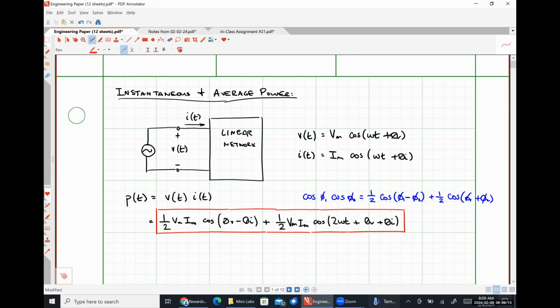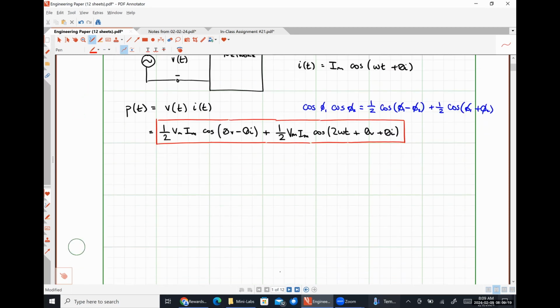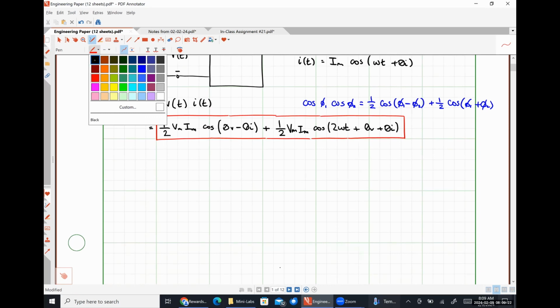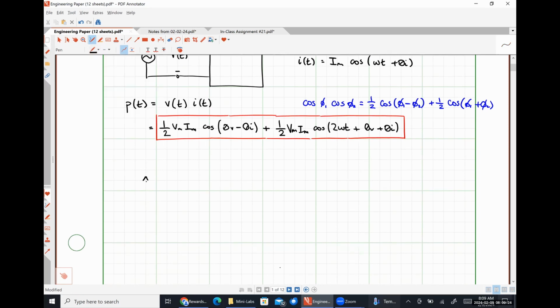All right, so what I want to do now is make a generic plot for this. So I want to illustrate a couple of things. Our vertical axis is going to be our power as a function of time. And our horizontal axis will be time. So this first term, 1/2 Vm Im cosine theta V minus theta I, all of those quantities are constants.